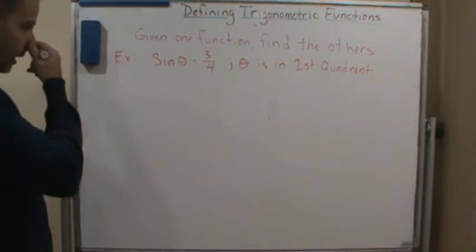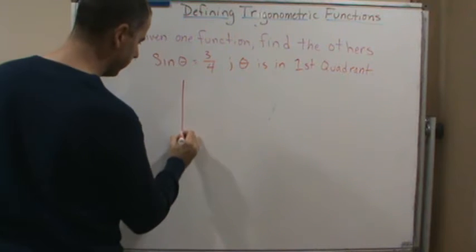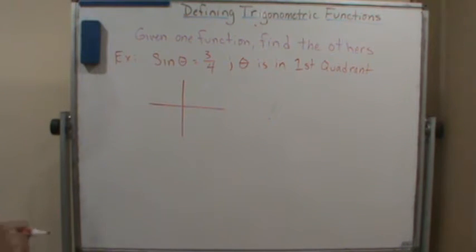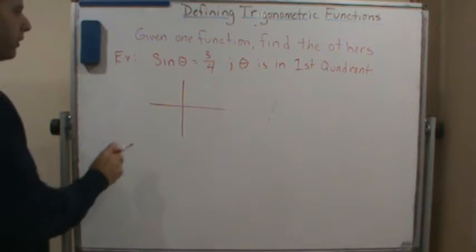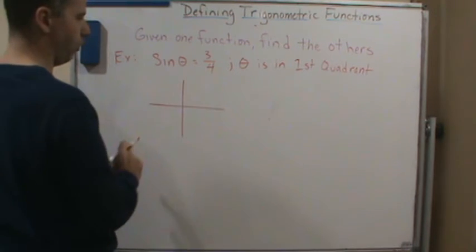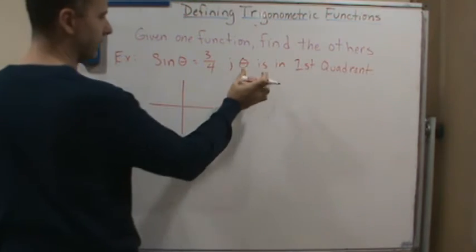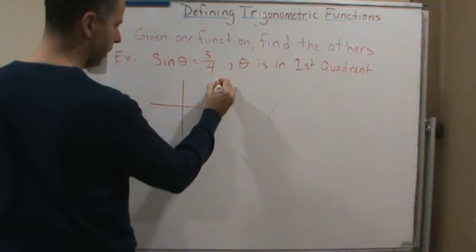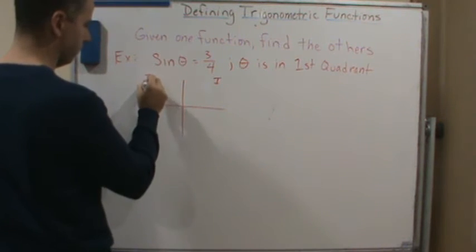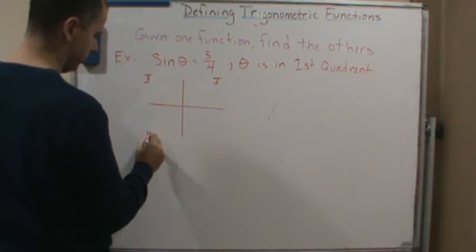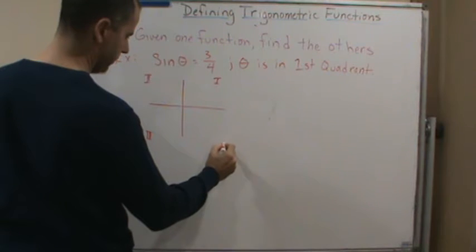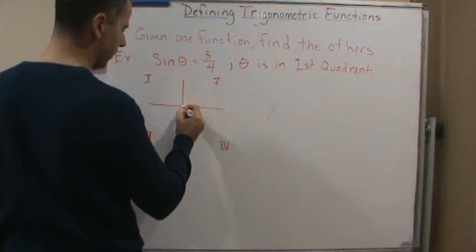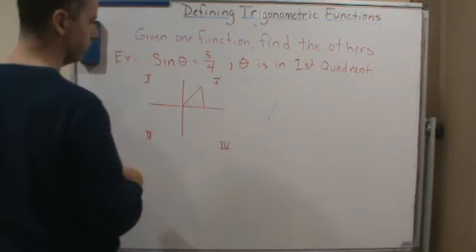Okay, so now enough said about that. In this case, we have the sine of an angle. We know that the sine of the angle is 3/4. We know that theta is in the first quadrant, so that means we're in quadrant 1. So here we know that the triangle does something like this.